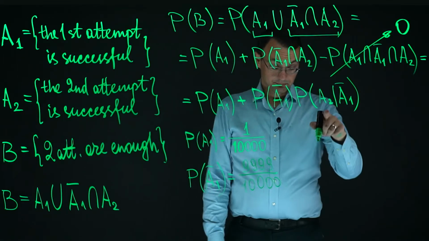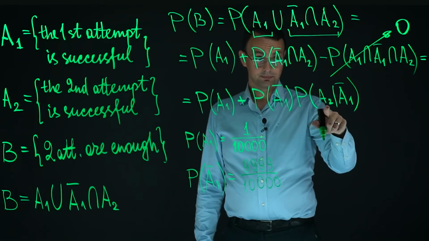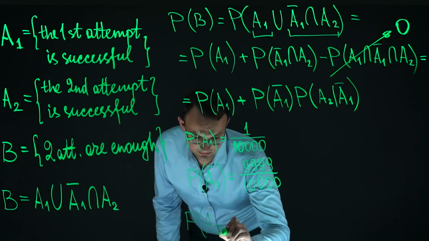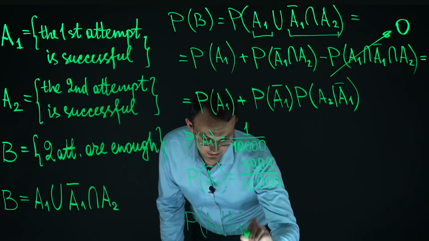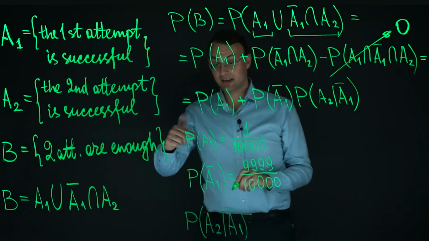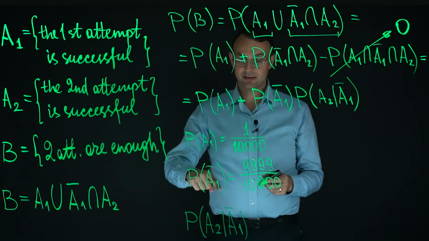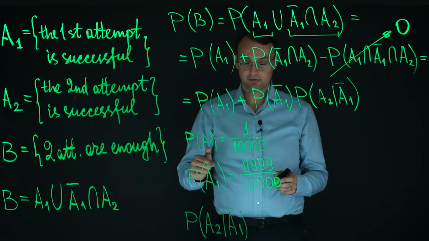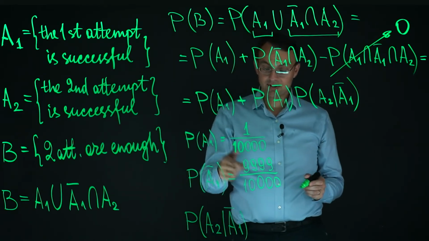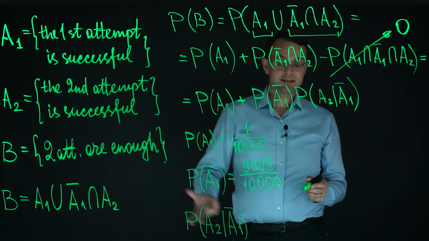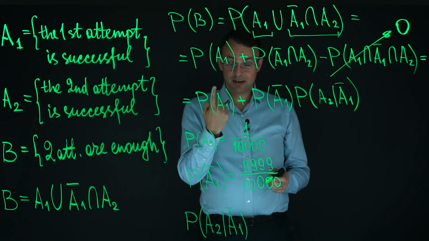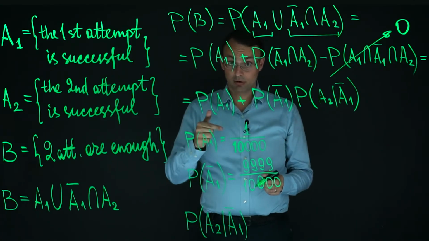And then the probability of A2 given not A1. So P of A2 given not A1 is the probability that the second attempt will be successful if we already know that the first was unsuccessful. So the first attempt has already taken place and it was unsuccessful. So we know that one combination of digits is wrong.